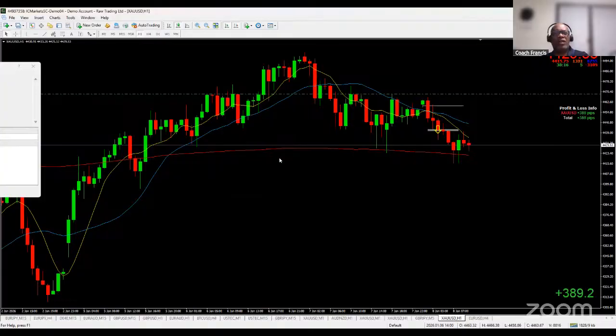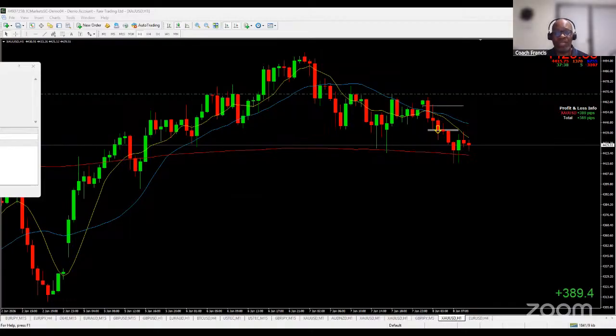Some people are scared of going against the trend, especially when it comes to trading gold. But I can tell you guys, if you are a scalper, you can trade any which way you choose, whether it's a counter trend trade or going with the trend. The truth, however, is that as a scalper, it's still better to go with the trend.